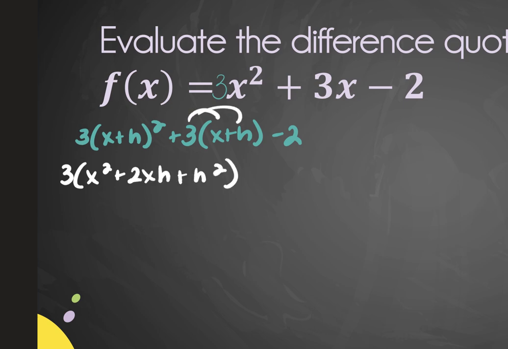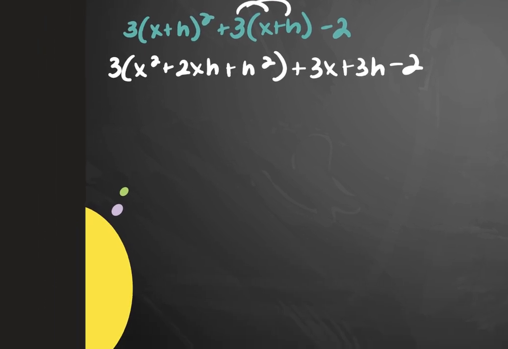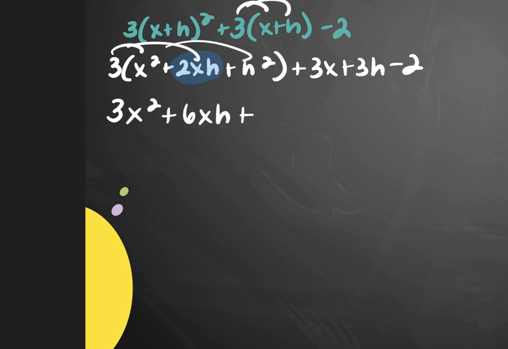I'm going to distribute the 3 and the 3. The biggest mistake people who memorize this make is forgetting the 2 on the xh. Don't do that, okay? Then I distribute, so I get 3x squared plus 6xh plus 3h squared plus 3x plus 3h minus 2. And that is part 1.